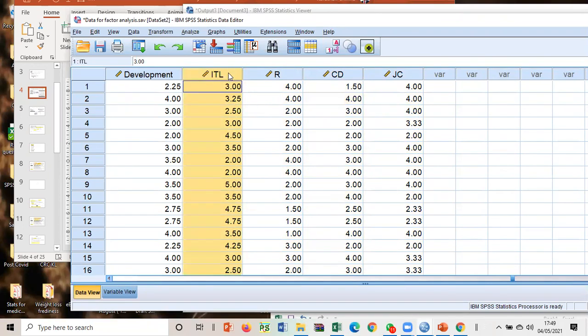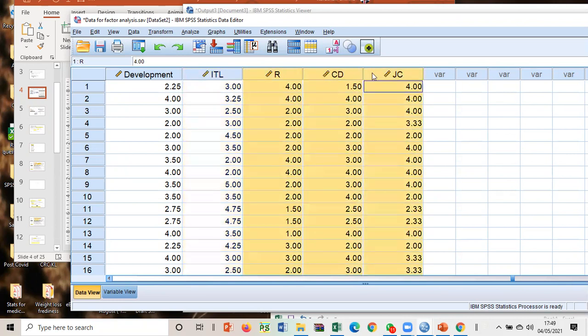ITL. Independent variables? R, CD, and JC. So what analysis will you do? Regression. Simple or multiple? Multiple. Multiple regression. Okay, let's do this.